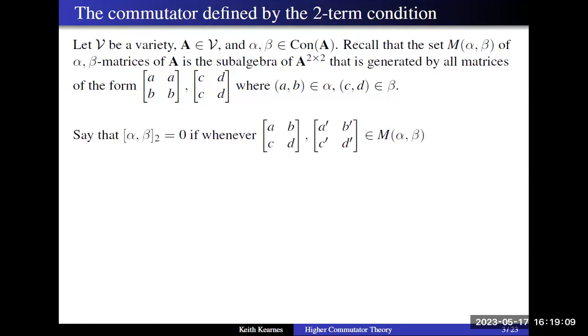And then I can take that information and define a commutator that tells me I'm dealing with an abelian group. How? Take 2 matrices in this subalgebra. Without knowing the addition, without knowing the 0 element of the group, I want to say that the alternating sums are 0.